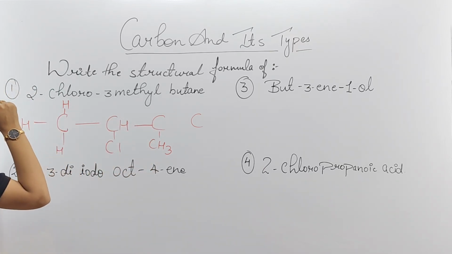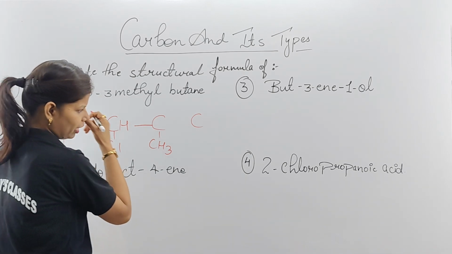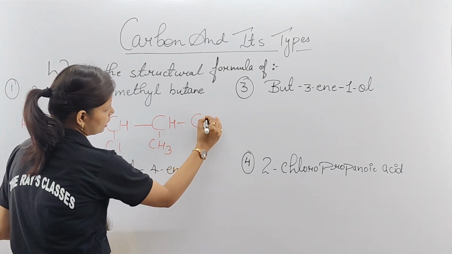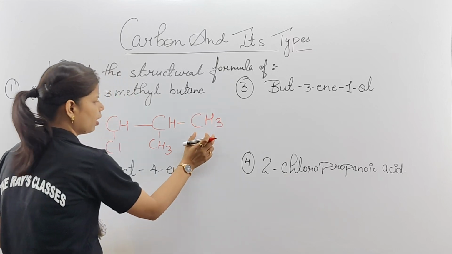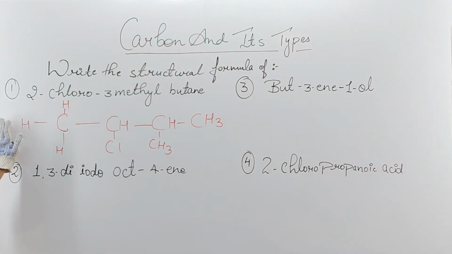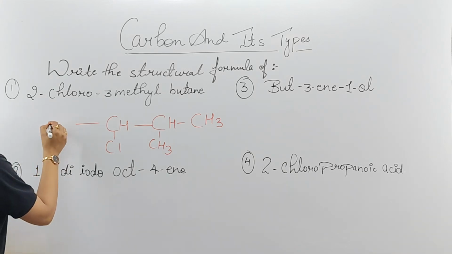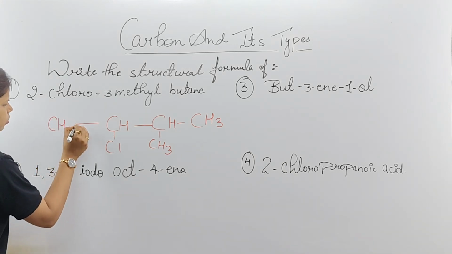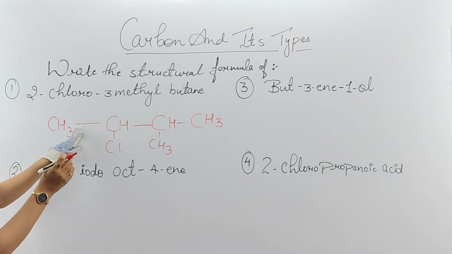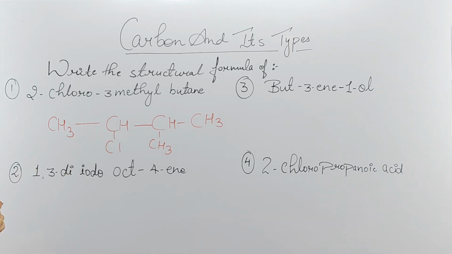Now here you have to share 3 pairs of electrons, and for this one you are going to write CH, and last you are going to write CH3. Children, you have both the ways. You can write in this way as well as there is another way of representation while you are drawing the structural formula. You can go with the representation in this form. I'll tell you.